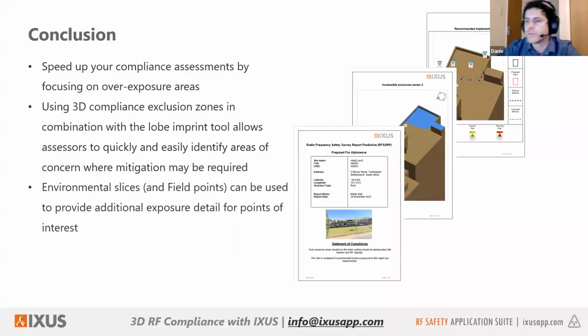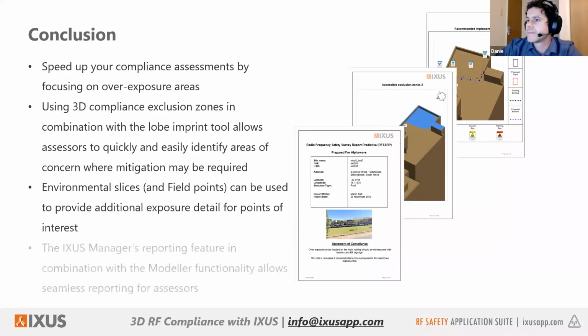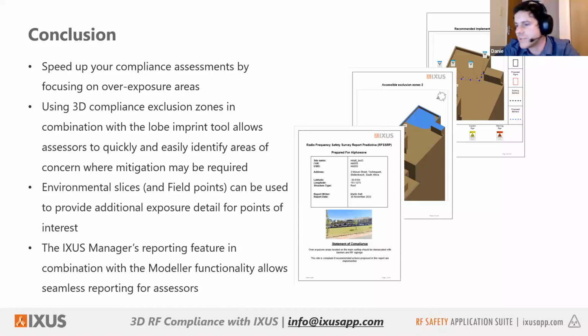As I also mentioned, environmental slices and field points can be used to provide additional exposure detail for points of interest. And then obviously the IXUS Manager's reporting feature in combination with the modeler functionality allows seamless reporting for the assessor.